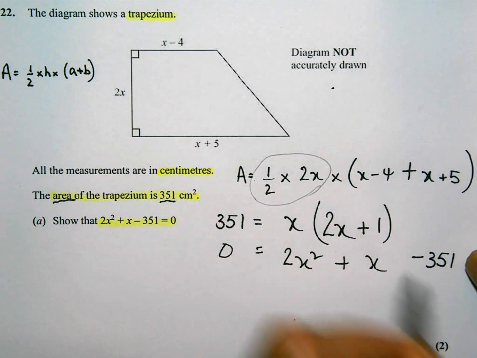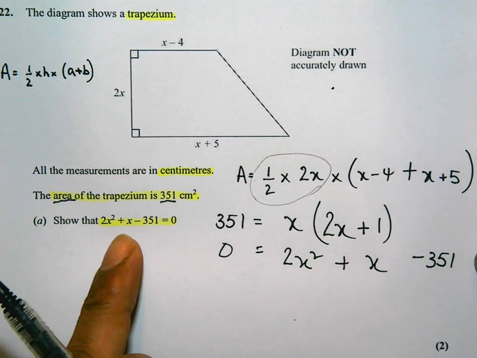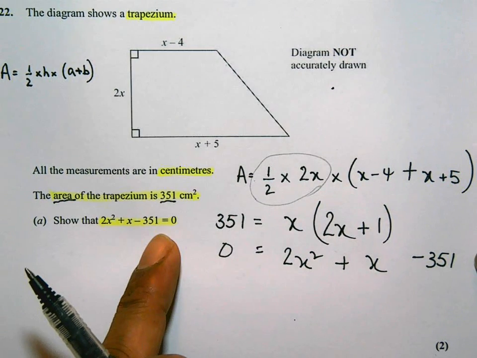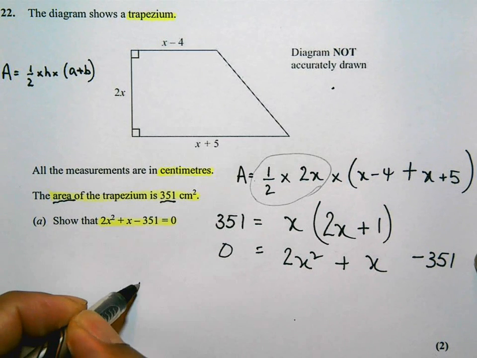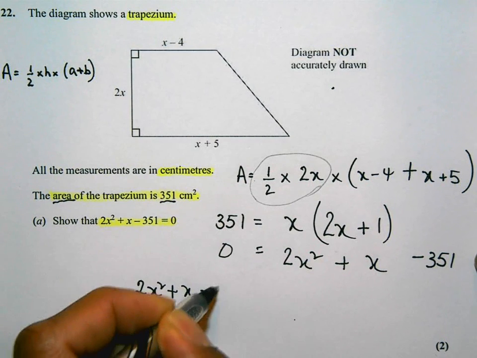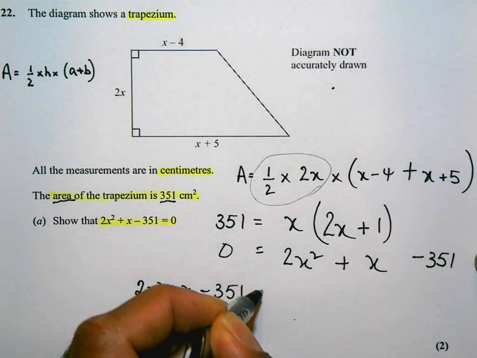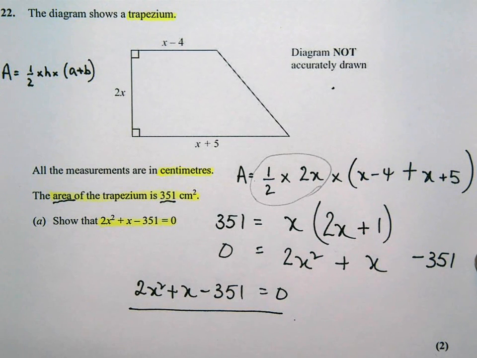And you could see that this looks very familiar. 2x squared plus x minus 351 is equal to 0. All I'm going to do is now flip the sides around. So I'm going to have 2x squared plus x minus 351 is equal to 0. And there's my result.